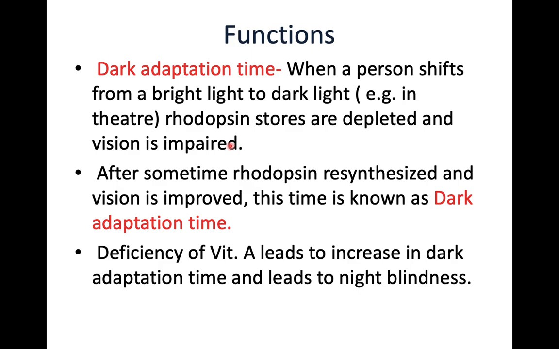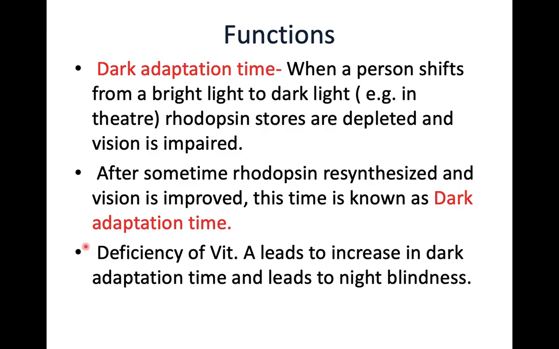That is the time which is required to form the rhodopsin. So what happens when a person shifts from brighter light to darker light? The rhodopsin starts to break down. Rhodopsin stores are depleted and vision is impaired. But after some time, if rhodopsin is resynthesized, then vision starts to improve and we start to see things clearly.